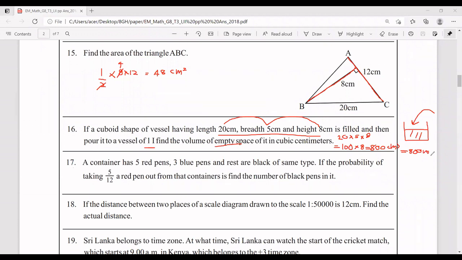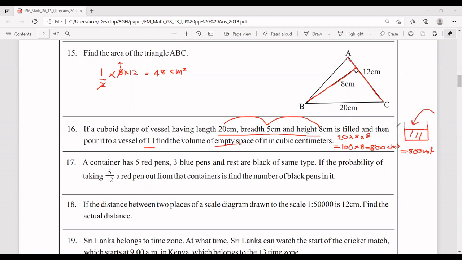But this 800 milliliters is put into a vessel of 1 liter. 1 liter means how many milliliters? 1000 milliliters.